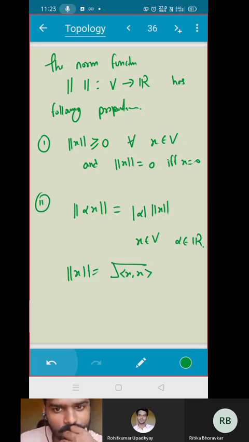How can you take alpha common? Is there anything we know? How do you understand that I can take alpha outside from the first coordinate and from the second coordinate also, and there won't be any problem? Do we have any property in the case of inner product space? Yes, sir. Definition of the inner product space.